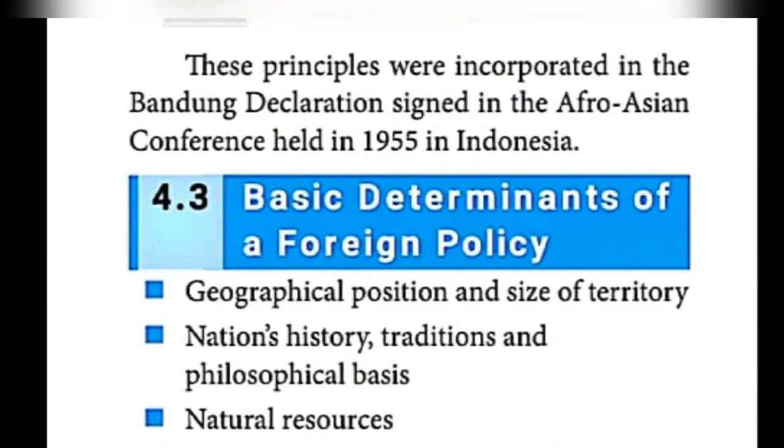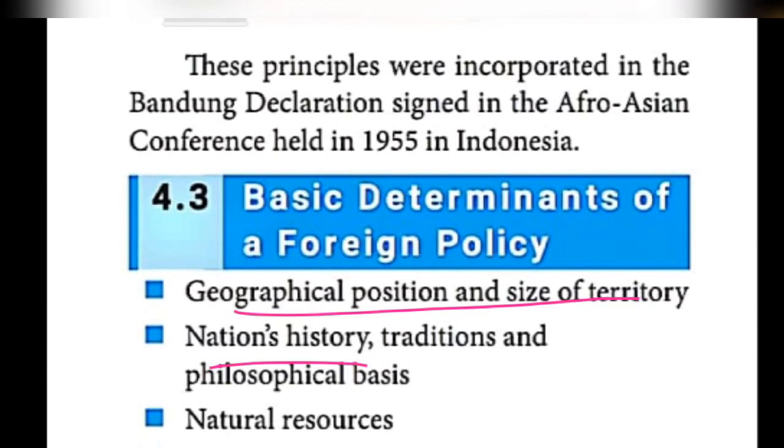Next, what is given under the heading 4.3, basic determinants of a foreign policy? What are the factors determining a foreign policy? Number one, the first one, geographical position and size of the territory. The next one, the nation's history.